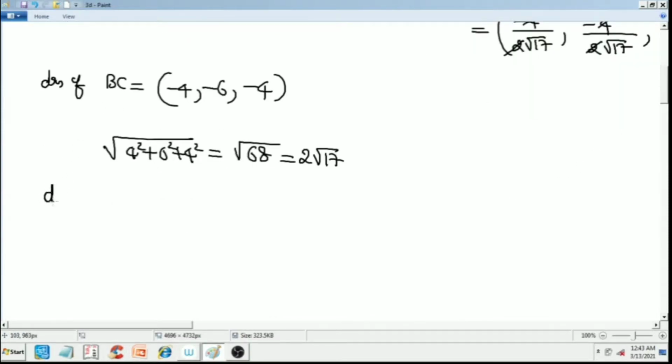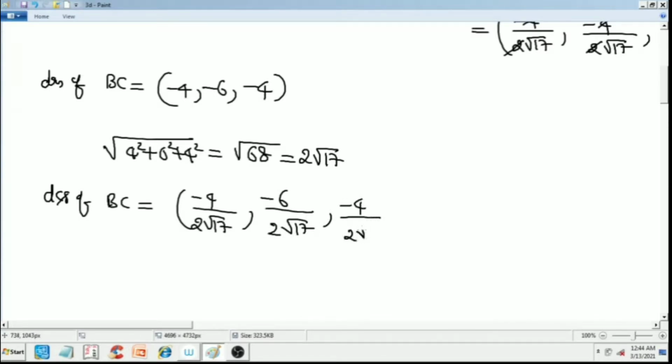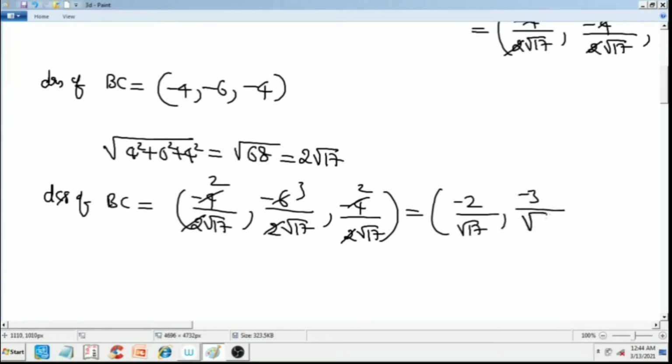Now DCs of BC can be written as minus 4 by 2 times root 17, comma, minus 6 by 2 times root 17, comma, minus 4 by 2 times root 17. So the answer will come out to be: minus 2 by root 17, comma, minus 3 by root 17, comma, minus 2 by root 17. This is the DCs of BC.